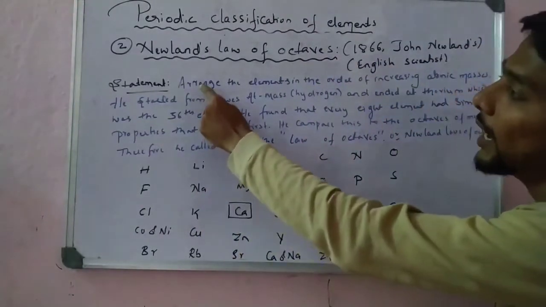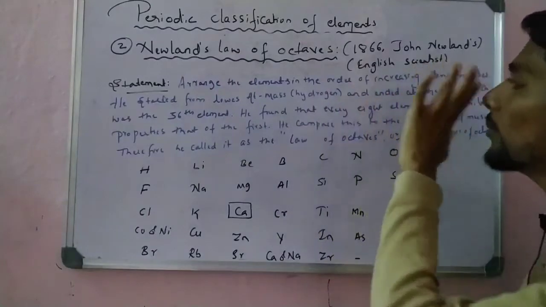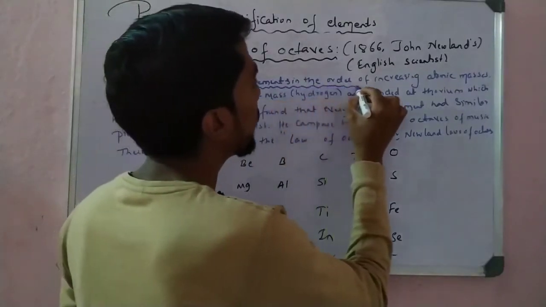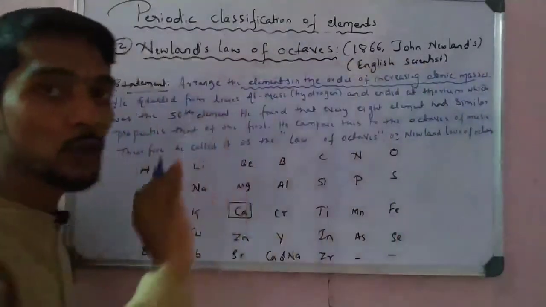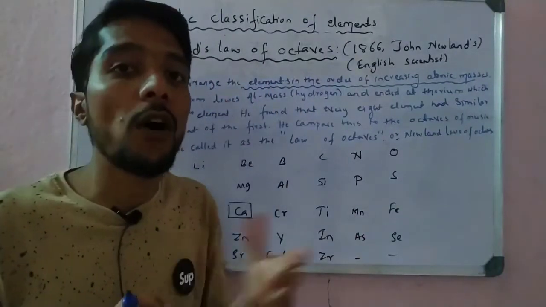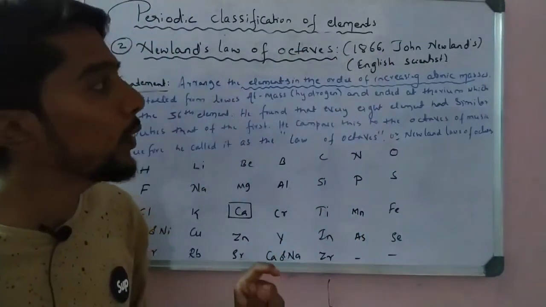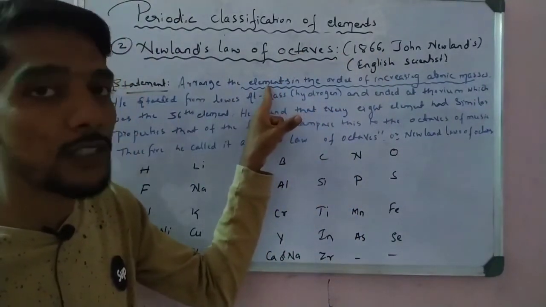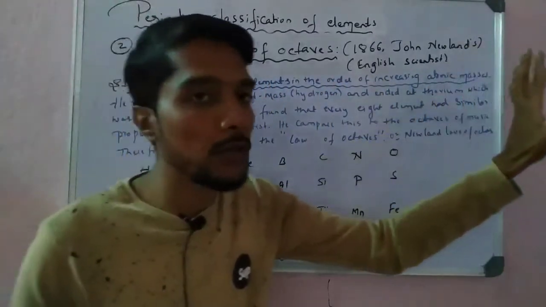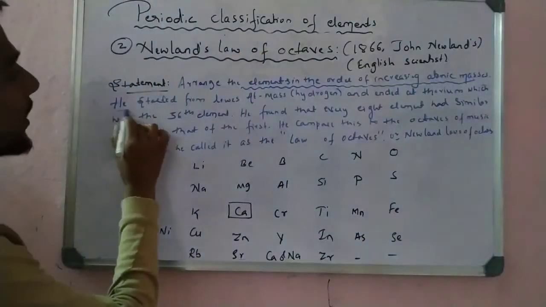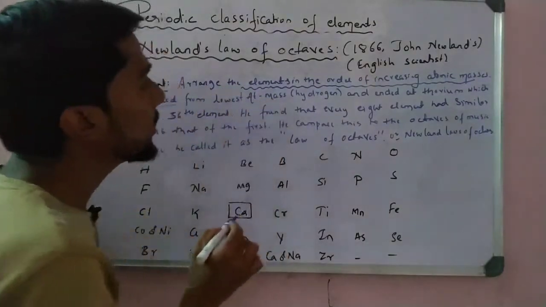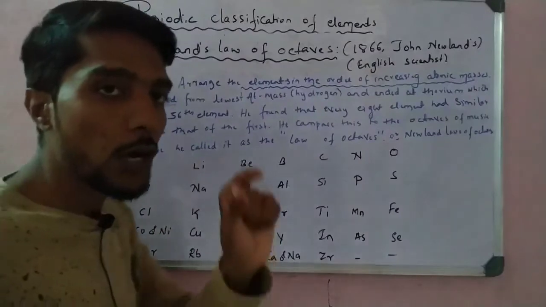The statement is to arrange the elements in the order of increasing atomic masses. What is the principle of Newlands' classification? It is the same as Dobereiner's: the increasing order of atomic masses, and the same idea was followed by John Newlands. Next, he started from the lowest atomic mass, that is hydrogen, whose atomic mass is 1.